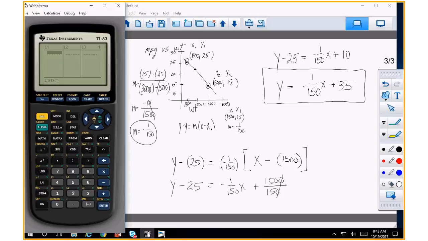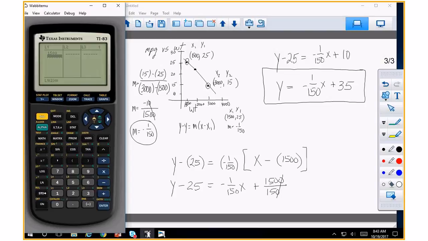And I'll explain what a line of regression is in just a second. But I'm going to go ahead and put the 2 that we put in there. All right, 1,500, delete, enter.